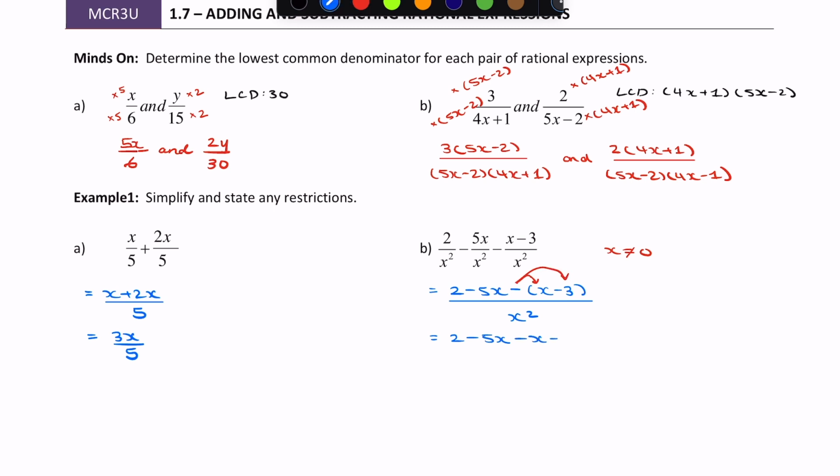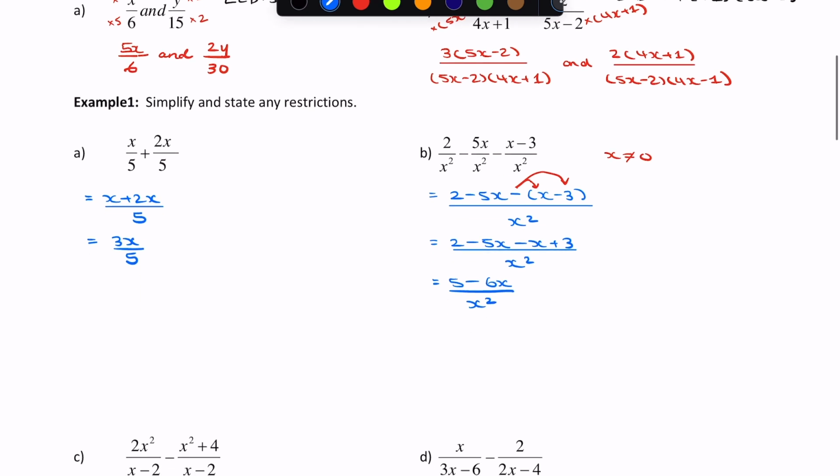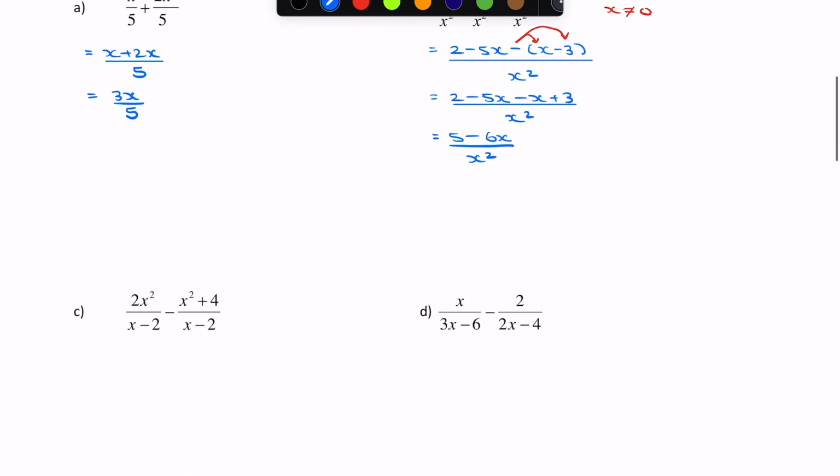So we have negative x plus 3 over x squared. That's equal to 2 minus 5x minus x plus 3 over x squared. Simplify that, we get 5 minus 6x divided by x squared. And our restriction is x cannot be equal to 0.